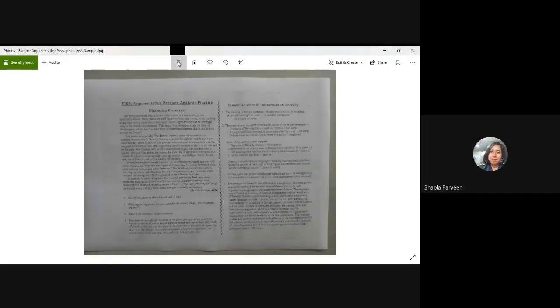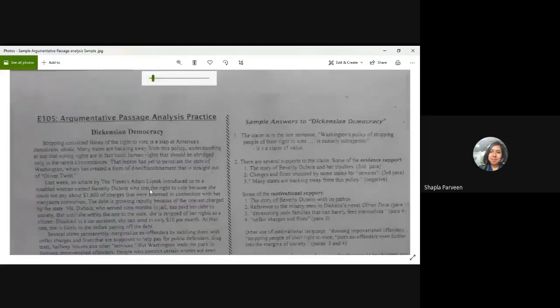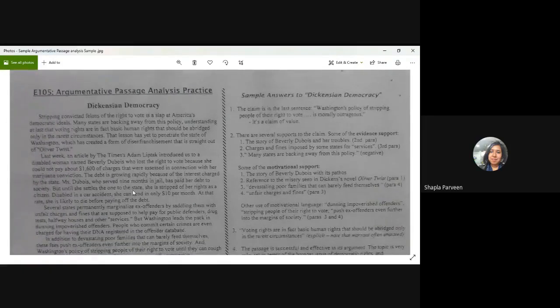Okay, can you all see the screen? Yes, ma'am. So this is the sample. I've already given you the sample. If you can open it, I'm sharing the slide. Is it clear? Can you all see?